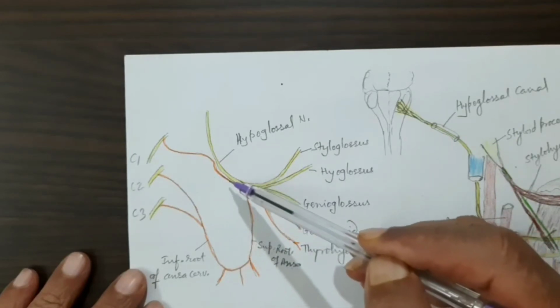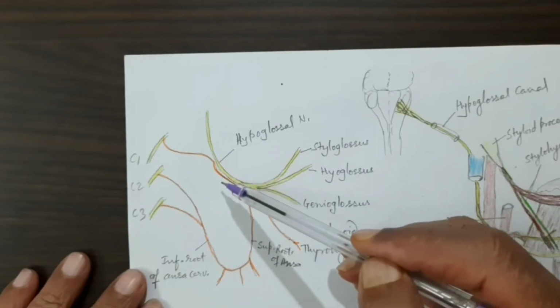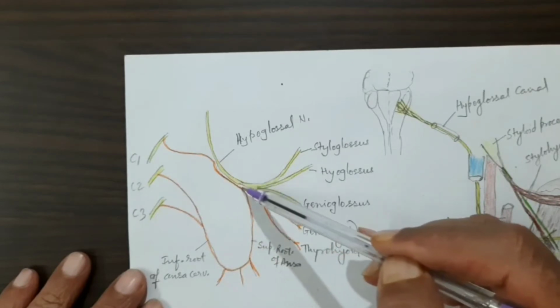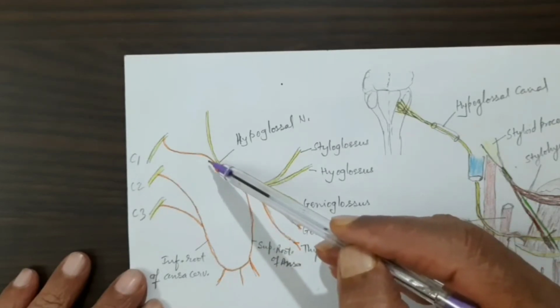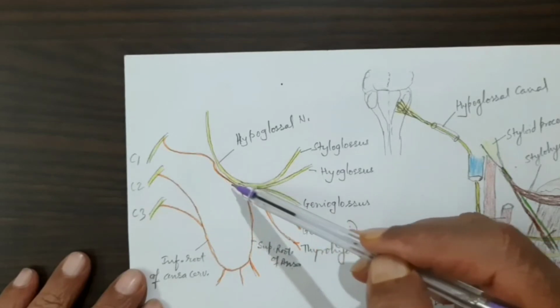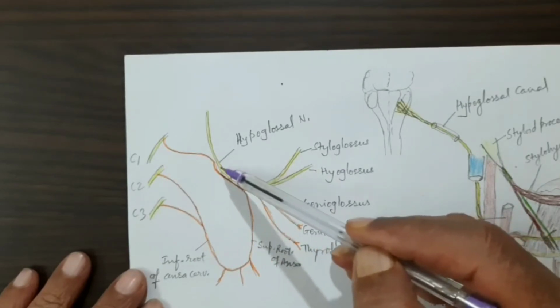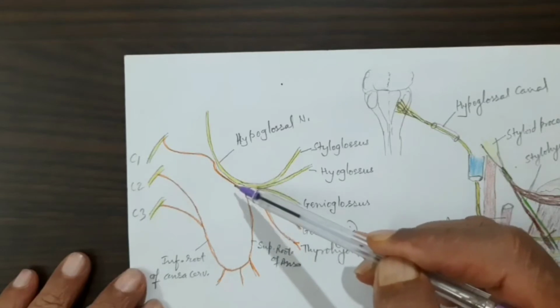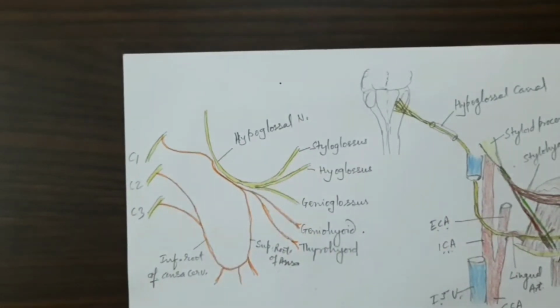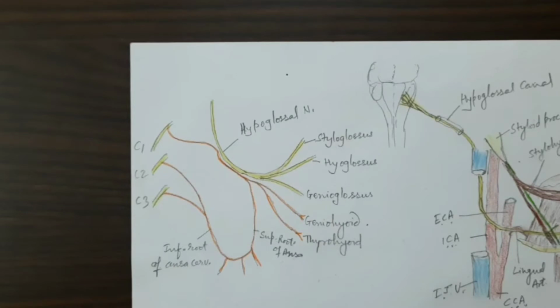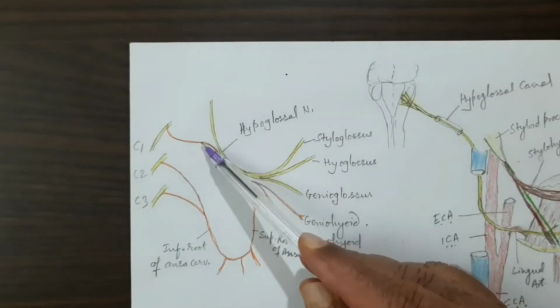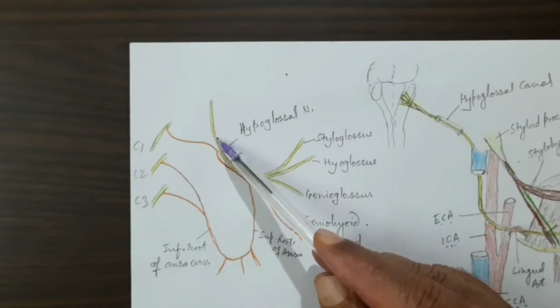But again note that, similar to the cranial and spinal accessory nerve, there will be no mixture of fibers. The fibers of C1 will run separately and will not mix with the fibers of the hypoglossal, though they are running closely, covered by the same epineurial sheath. That means they are united in the same connective tissue sheath, but there is no mixture of fibers, and that's the reason I have drawn these fibers in two different colors.